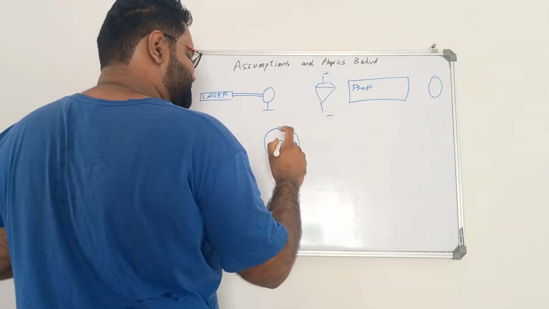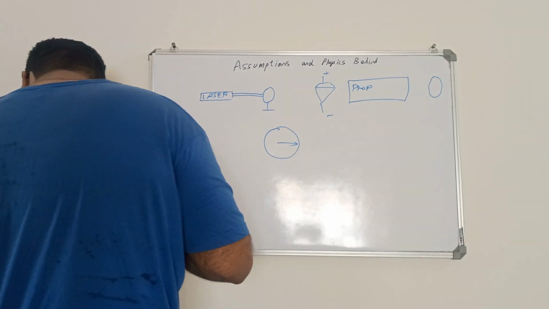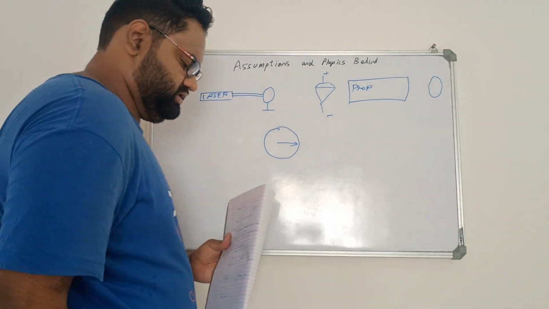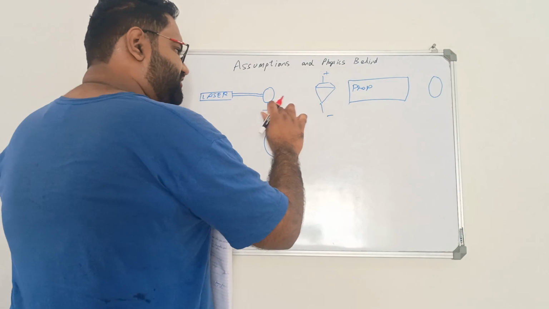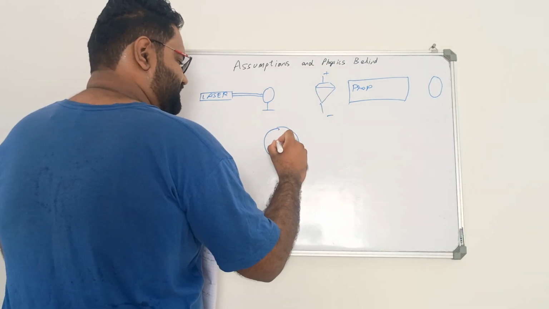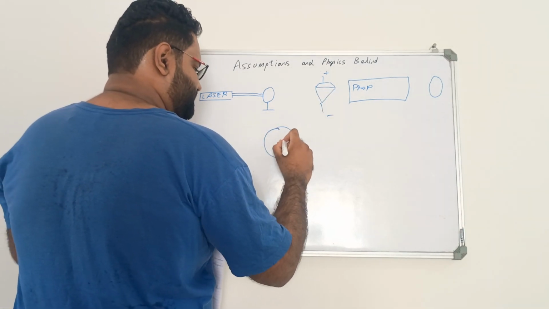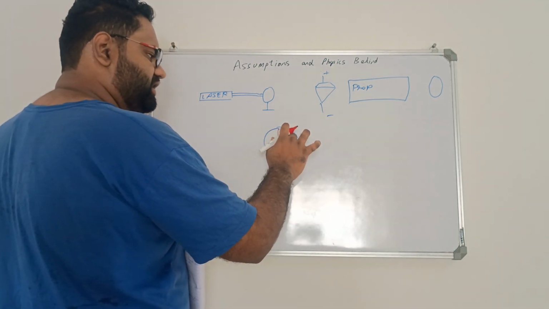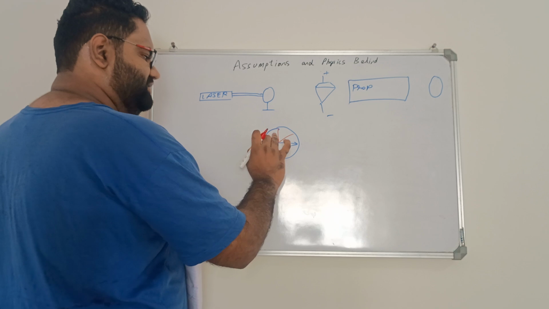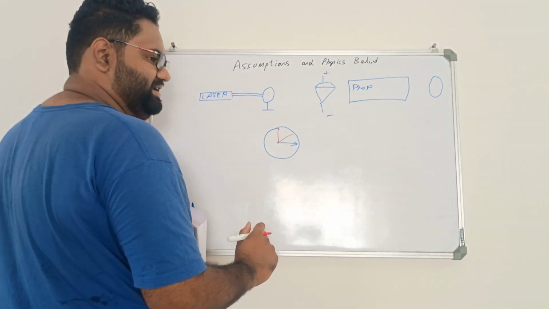The electro-optical crystal rotates it around to the other direction. After the electro-optic crystal, let's say I get one of these two. If you remember, this is from the Hadamard gate, and this is from the X gate.